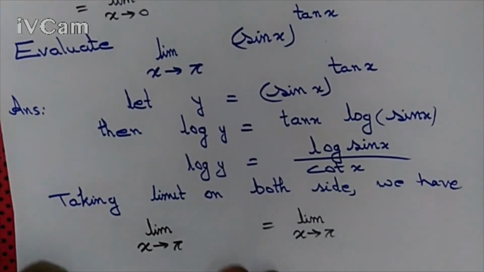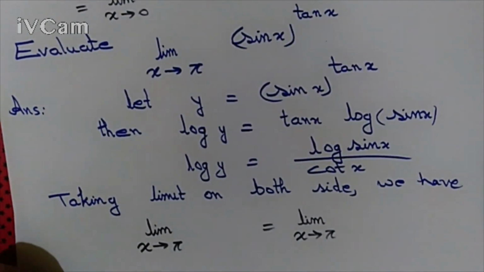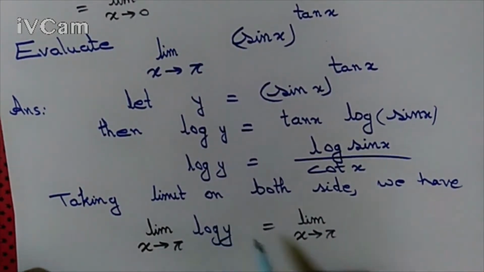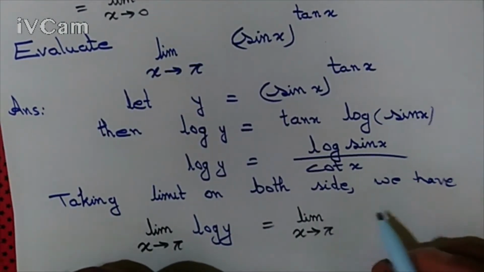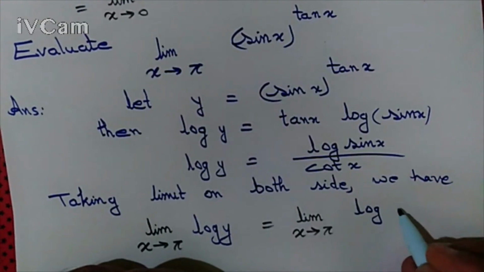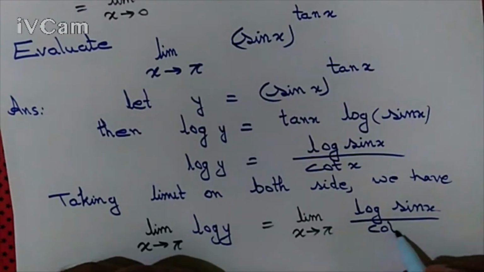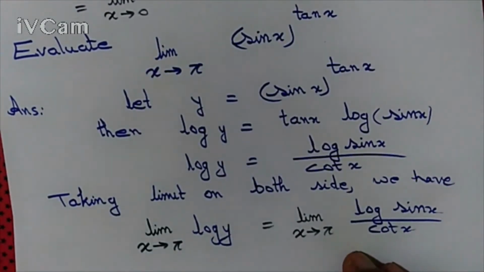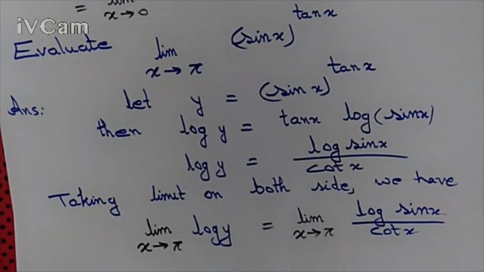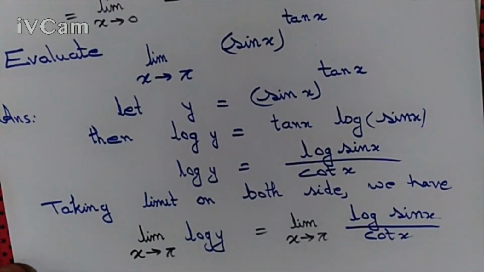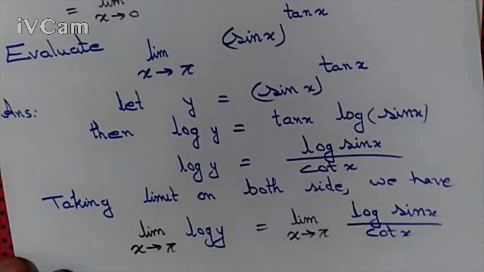Limit x tends to pi, log y as it is, log of sin x divided by cot x. What did we do? We just took the limit as x approaches pi.